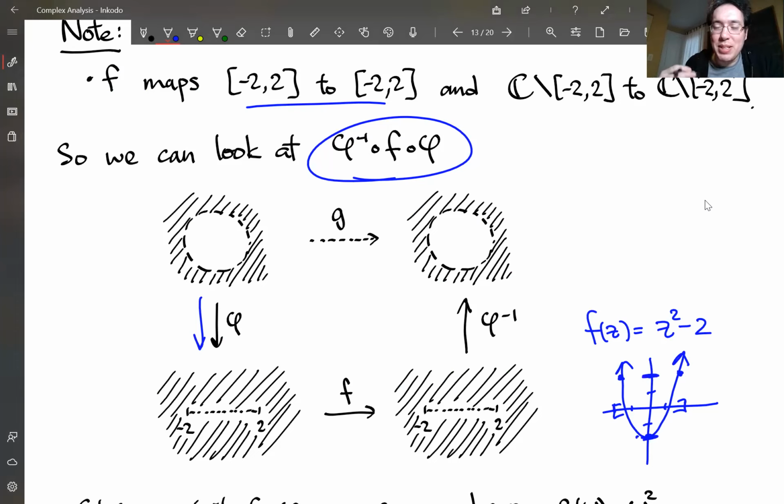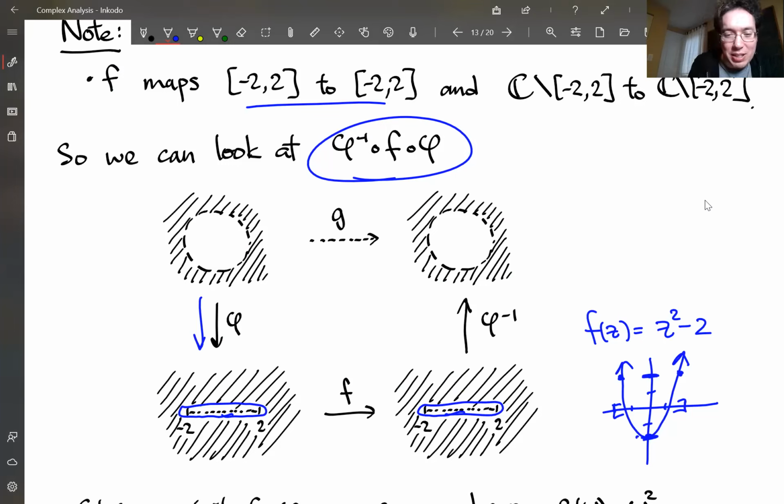So it maps that interval to itself, right? So this part that it's not defined, the domain, maps to itself. Everything outside of that is mapping to outside of that. Okay, and then we're going to undo the function with phi inverse and go from this complex plane minus that interval to outside of the unit circle.